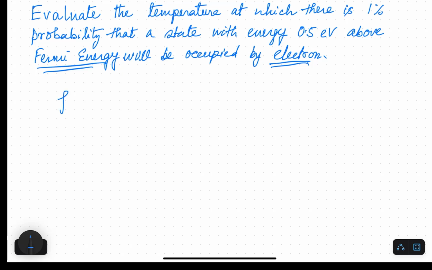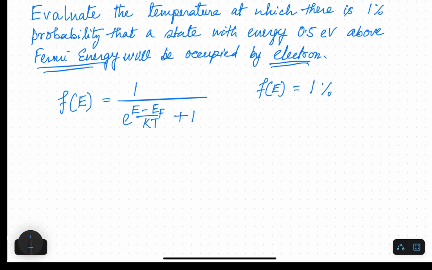F(E) equals 1 by e to the power of (E minus EF) divided by kT plus 1. So what is F(E)? F(E) is basically the probability, and its given value is 1%. So I can write it as 1 by 100.